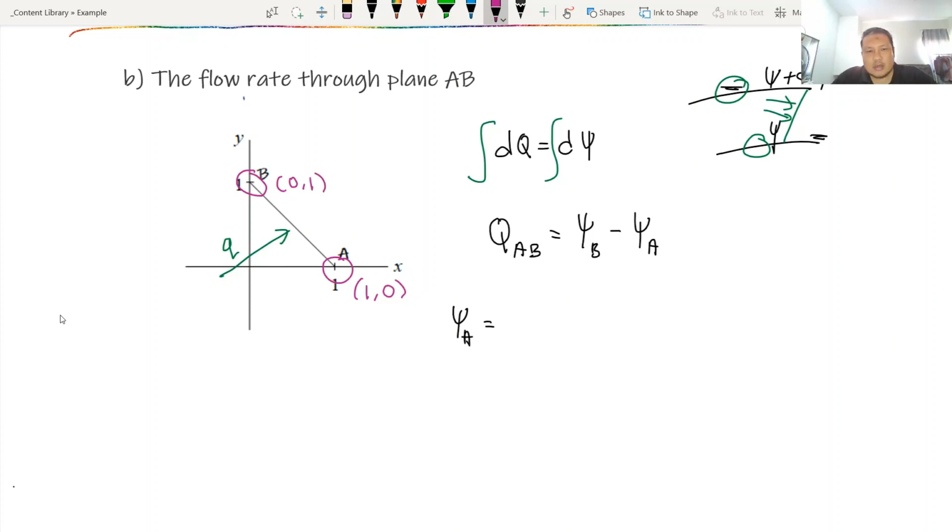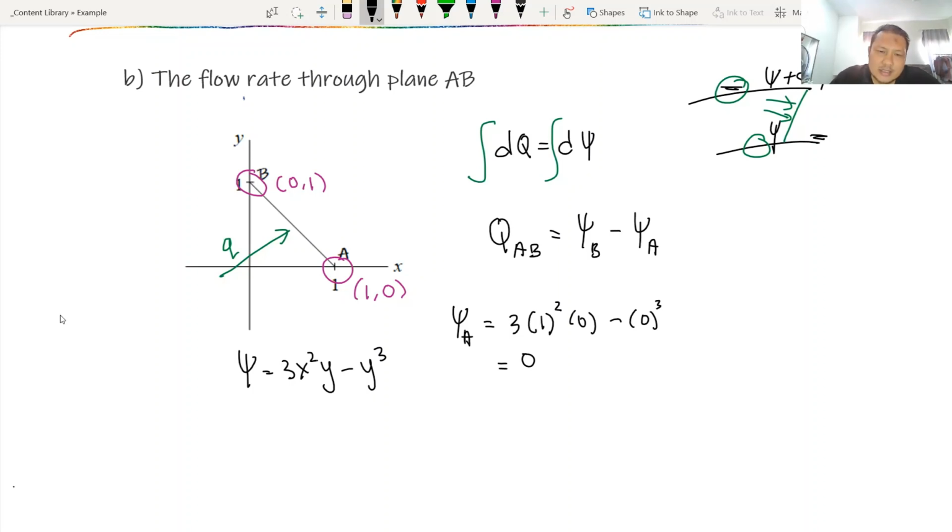We substitute these values into the given equation, psi equal to 3x squared y minus y to the power of 3. So psi A means 3 multiplied by 1 squared by 0 minus 0 to the power of 3, which is 0.